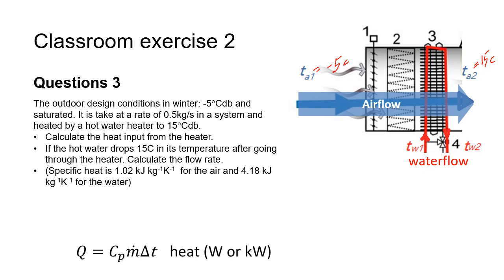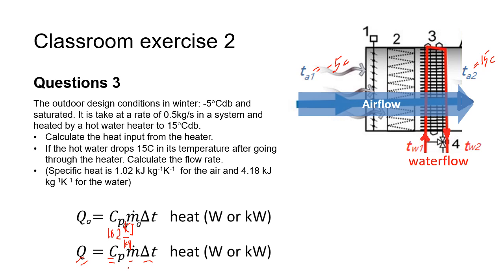So we have the temperature delta T equals 20, and the mass flow rate is 0.5 kilogram per second, and the Cp of air is 1.02 kilojoule per kilogram per K. And then we can calculate how much heat is gained by the air.